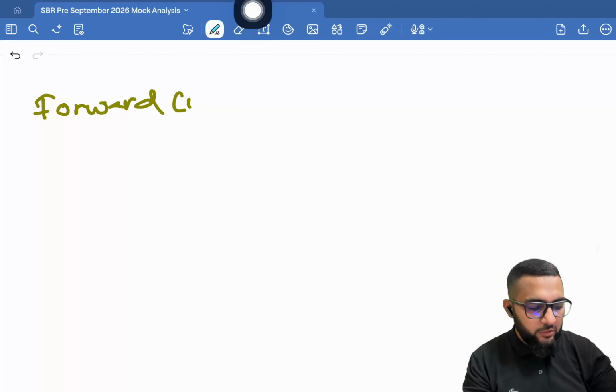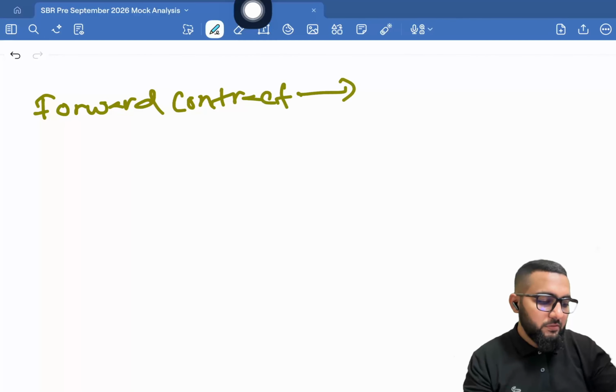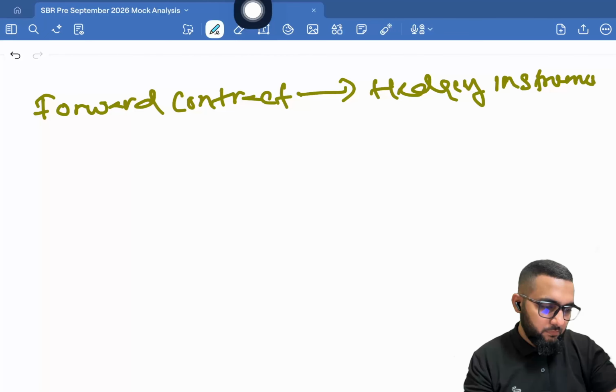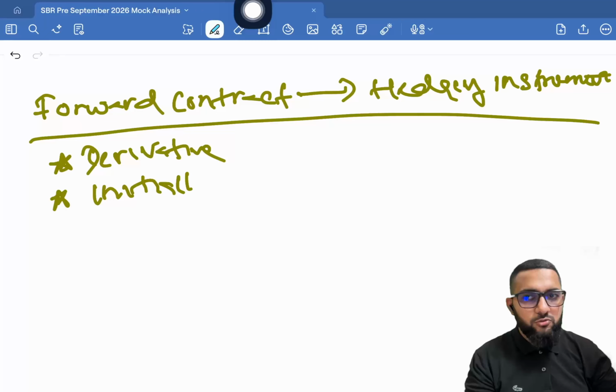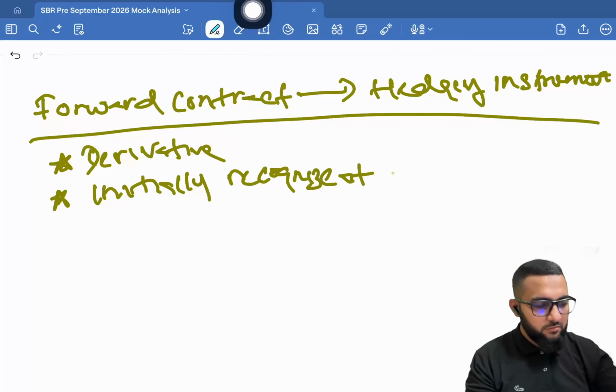the first forward contract, which is the hedging instrument. Talk about how you account for it, right? Now this is a derivative. Initially, you are going to recognize it at fair value, okay? But if you look at this situation, what does it say?